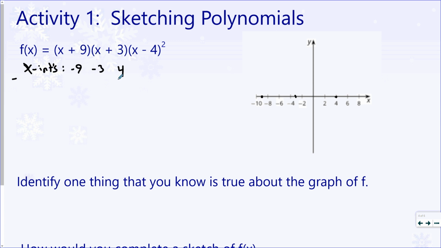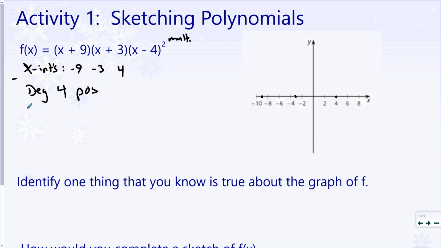Okay, degree. 4. Why 4? It's got 4 factors. 1, 2, and then it's got a multiplicity of 2. And so it's got a duplicate x minus 4, total of 4 things, so it's a degree 4. All the x's are positive. So what kind of end behavior will it have?